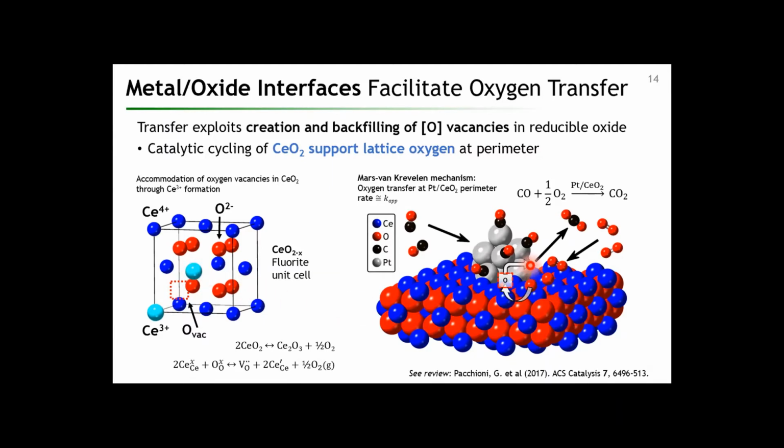And for platinum on ceria catalysts and a lot of metal on ceria catalysts, there's this special synergy at the metal support interface, so the perimeter of the interface between the metal and the support, where in this case, carbon monoxide that's adsorbed onto the platinum nanoparticle interacts with oxygen at the interface and produces CO2.